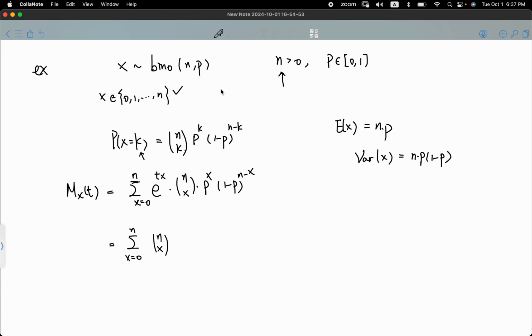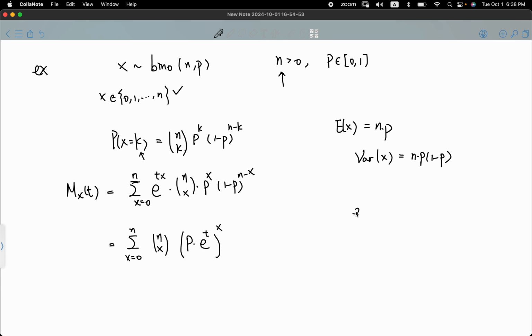Okay, now we're going to group the terms involving x. Here we have p multiplied by e raised to the power of t, and we group these two terms together raised to the power of x. Does that make sense?